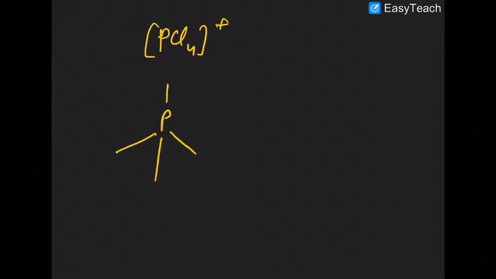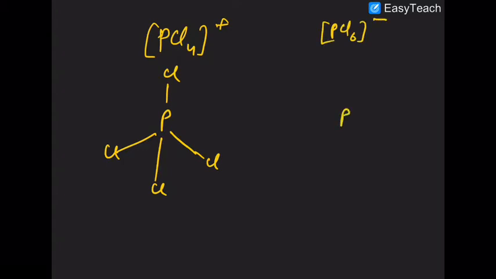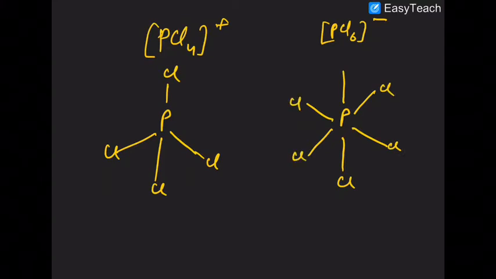What do you mean by that? It means that PCl4 plus will have a perfect tetrahedral geometry, and PCl6 minus will have a perfect octahedral geometry. Are you getting that or not?